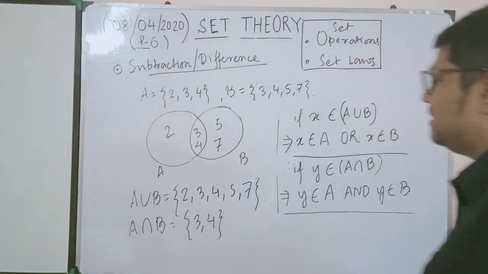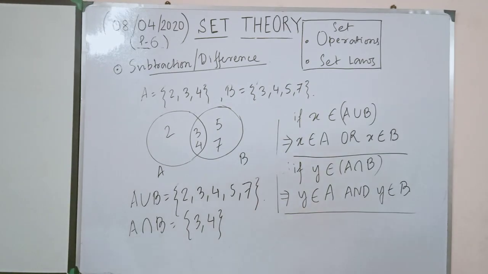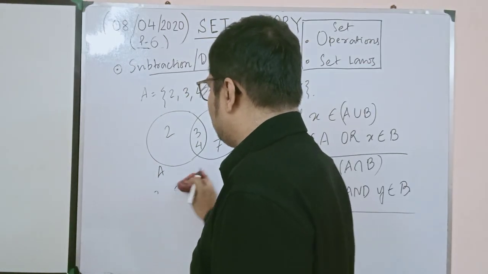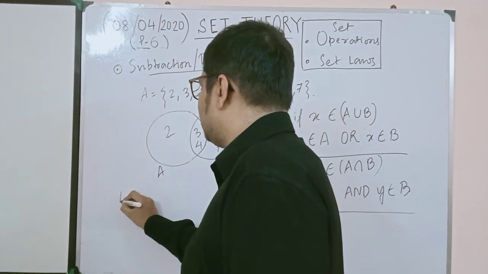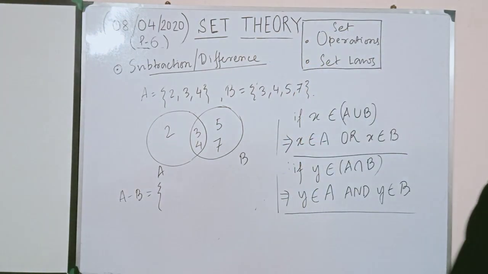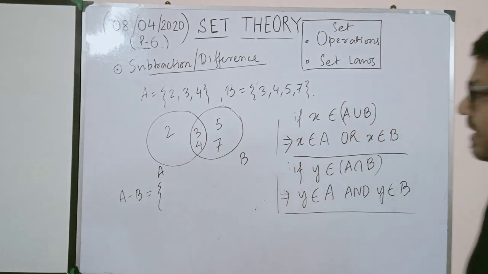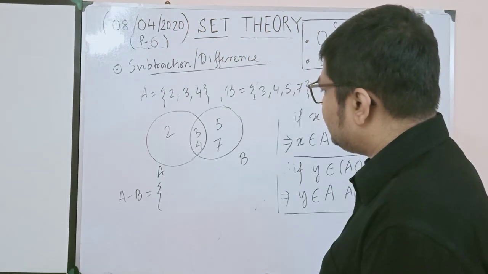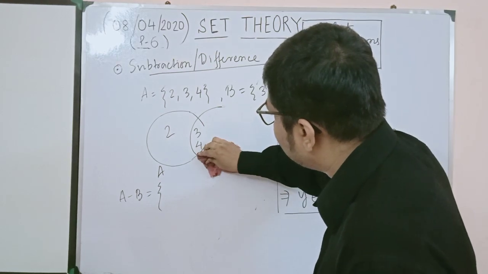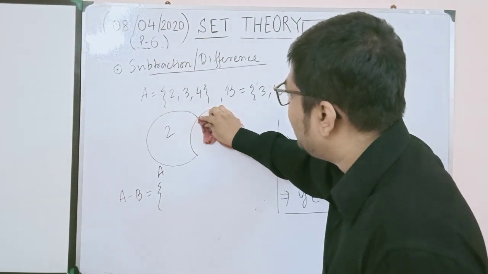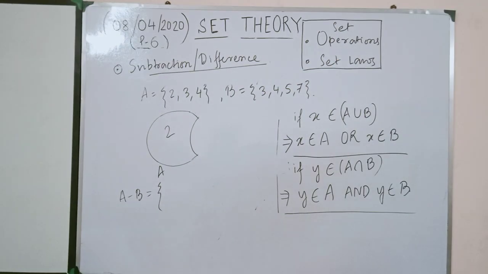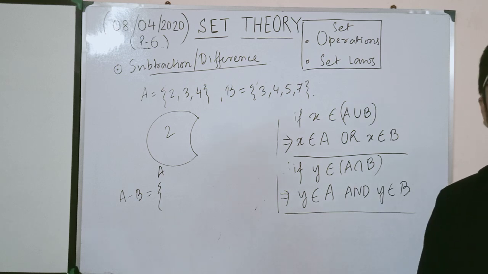So let us draw the same thing. Now what is subtraction? Subtraction means when you subtract B from A or A from B. So I first do A minus B, that is, I try to subtract B from A. Look at it, what happens? B is totally erased. See, I am erasing out B. Why so? Because I have subtracted B from A. So it looks like a moon crescent, right?